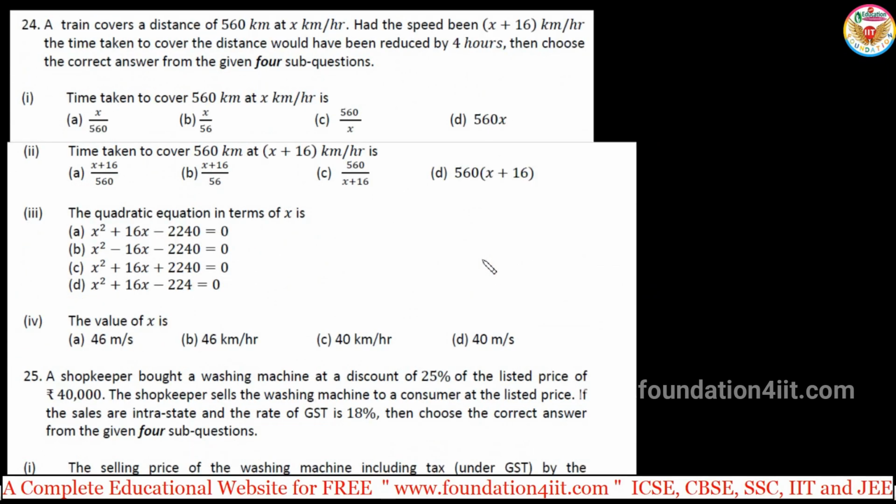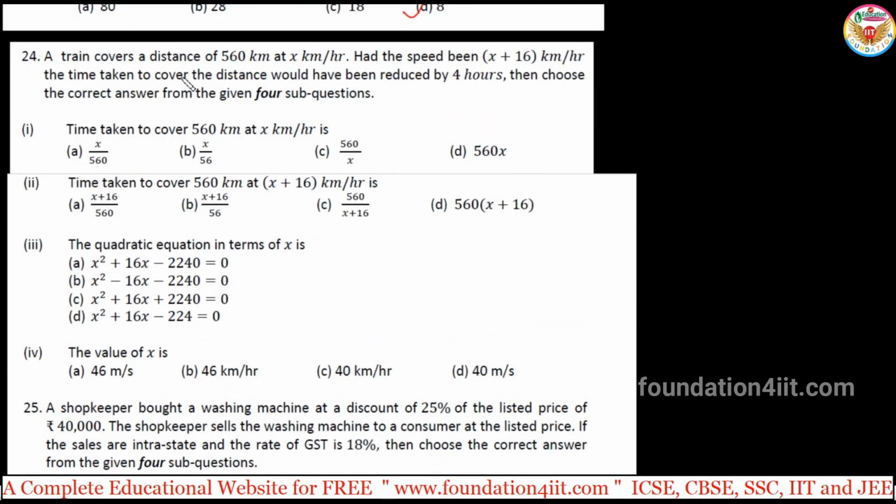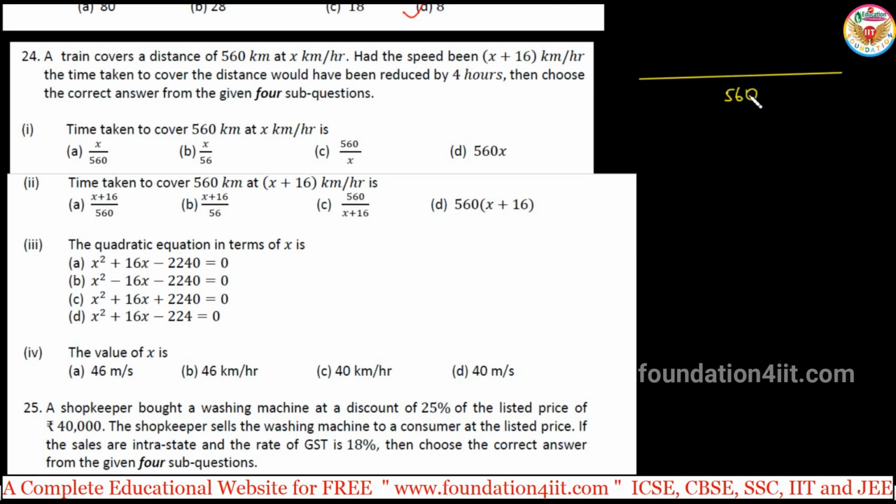Next, question number 24. A train covers a distance of 560 kilometers at x kilometers per hour. Just draw a diagram and confirm. Distance is 560 kilometers, and the speed is x kilometers per hour.